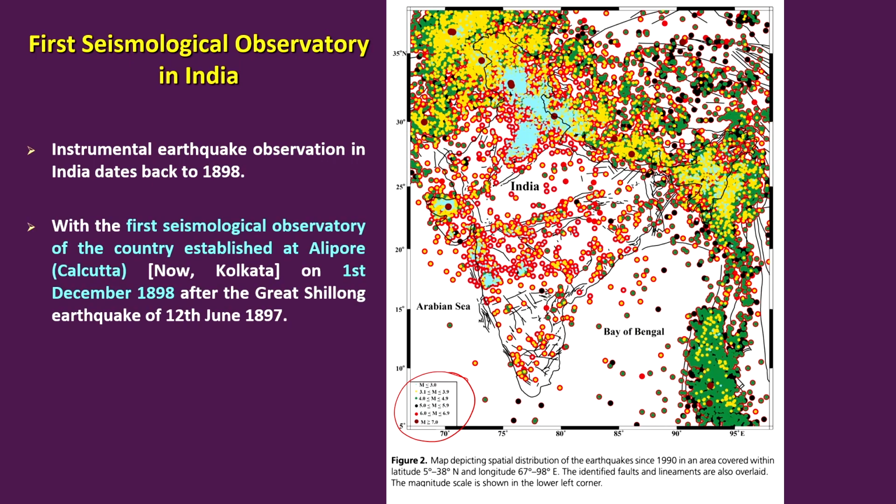The first seismological observatory of the country was established at Alipur, that is Kolkata, after the great Shillong earthquake of 12th June 1897. This is information I thought I should share with you, and that you should keep in your memory: the first observatory of India.